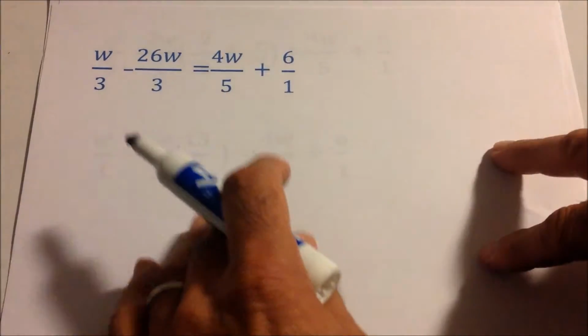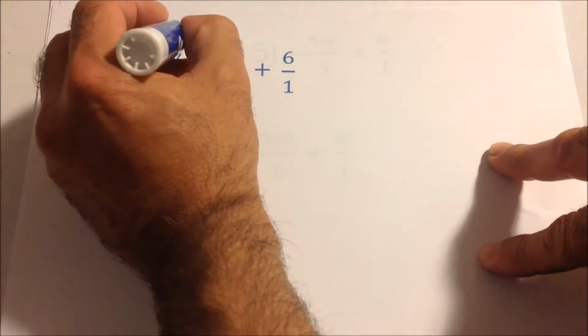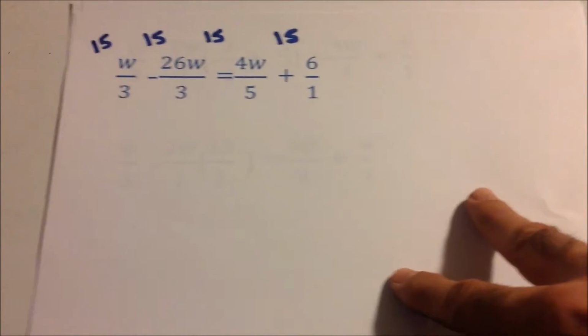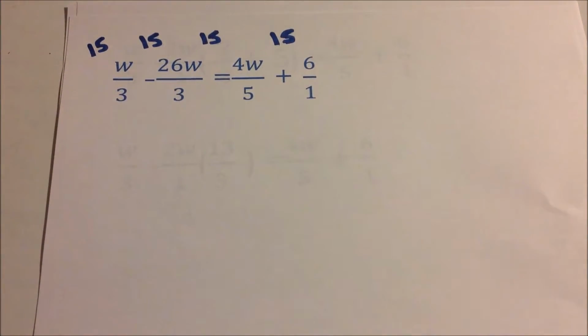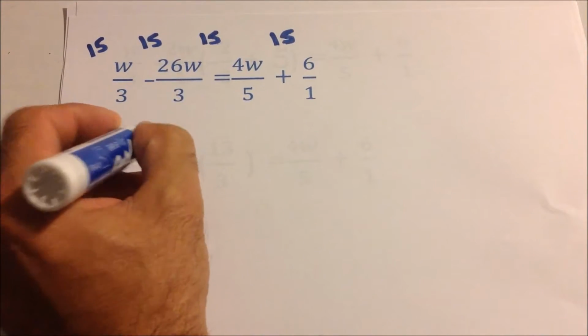Now we can see that the common denominator is 15, because 3 goes into 15 and 5 goes into 15. So we have 15 as our common denominator. I'm going to bring that over. Okay, so 3 goes into 15 5 times, and 5 times w is 5w.